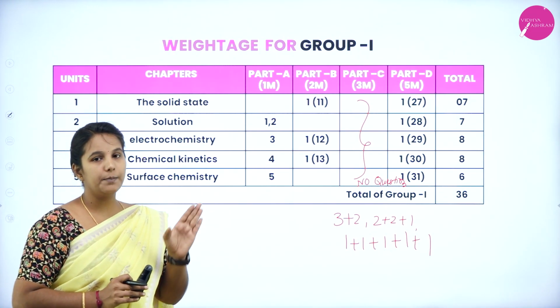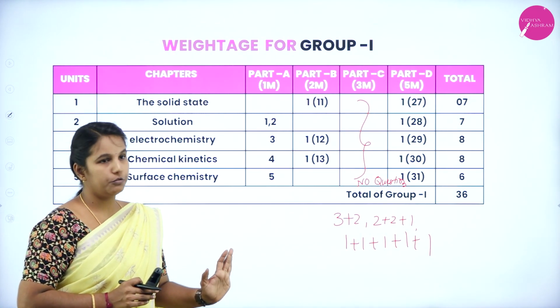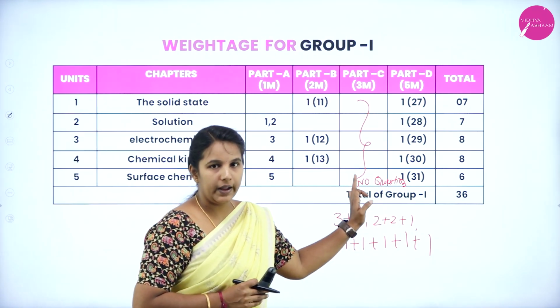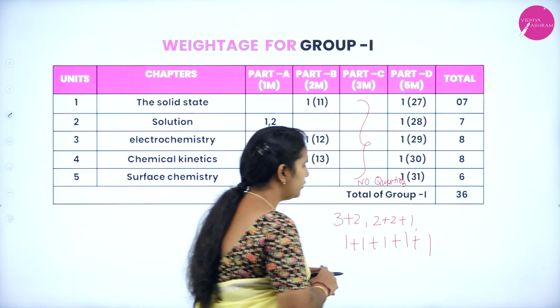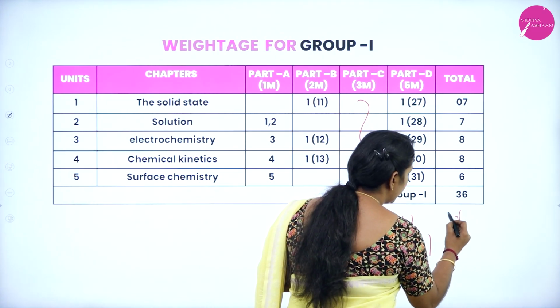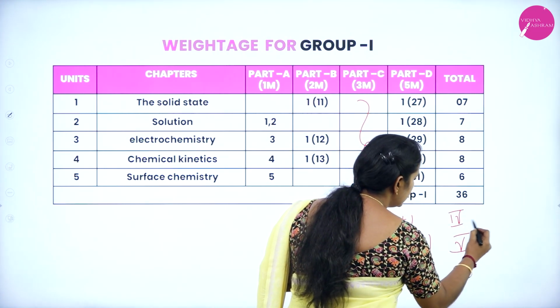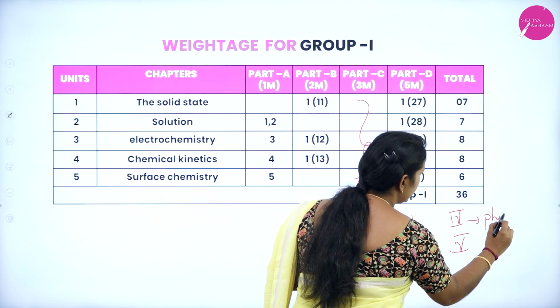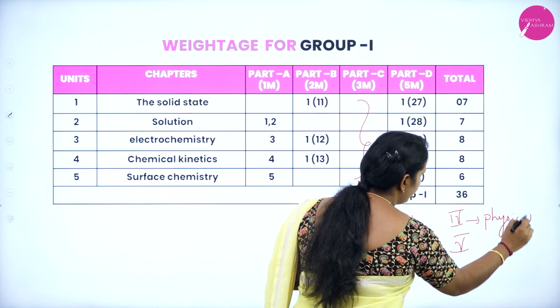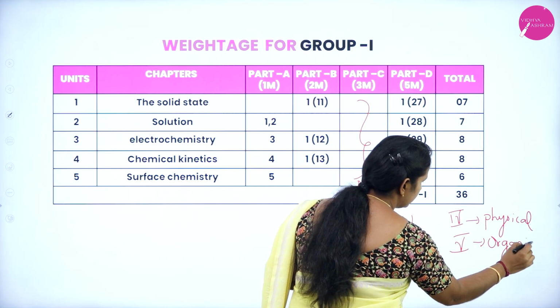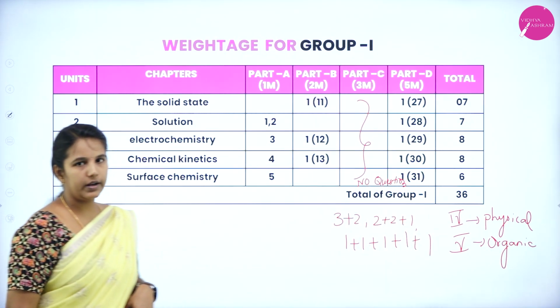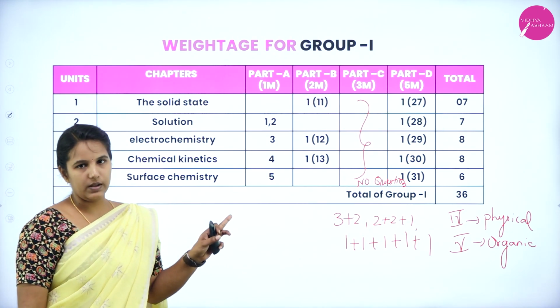Part A and Part B are meant for all 16 units, whereas Part C is only for inorganic chemistry, whereas in Part D, we again have 2 parts, that is the 4th and 5th. This 4th is meant for physical chemistry, okay, and the 5th is meant for organic chemistry. Like this it has been divided.